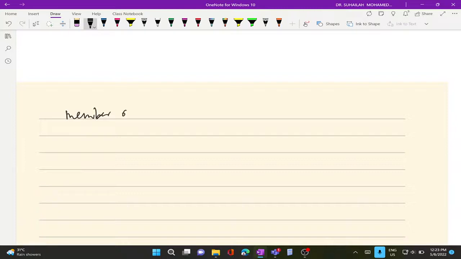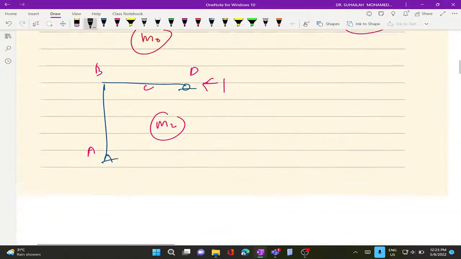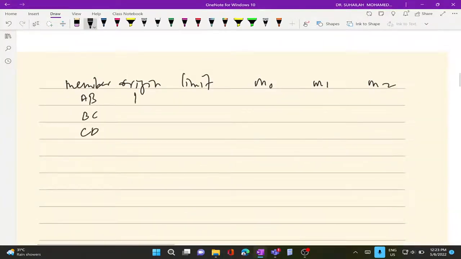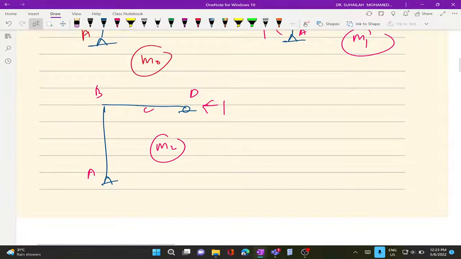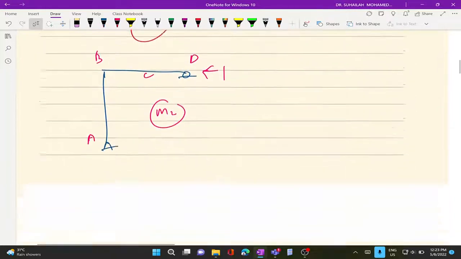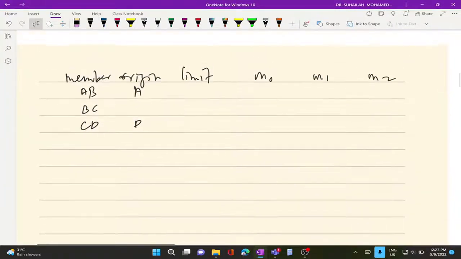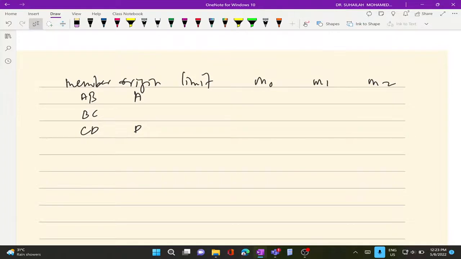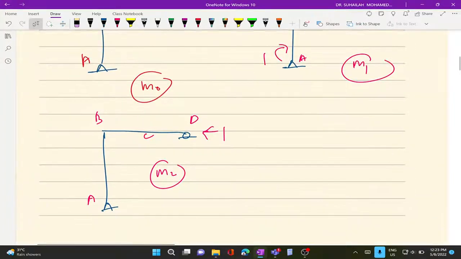Member, origin, limit, M naught, M1, M2. Okay, we have AB, BC, CD. So this one is origin A, origin D, and origin. Okay, BC, mana BC?